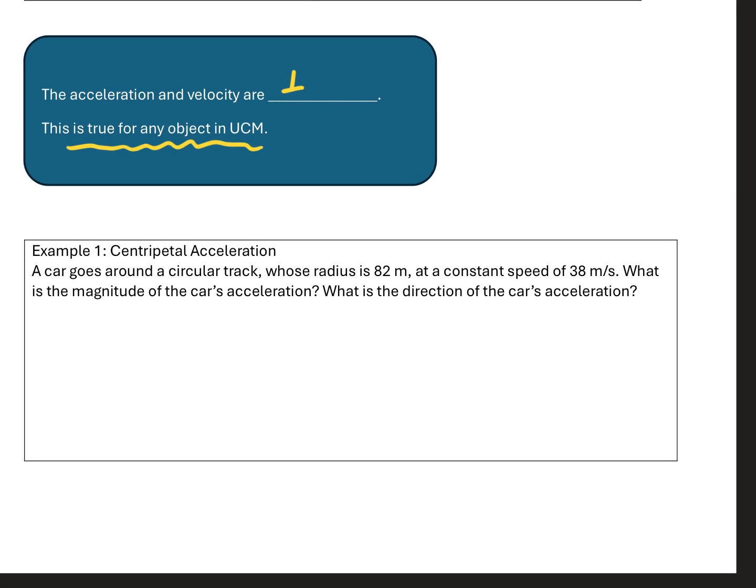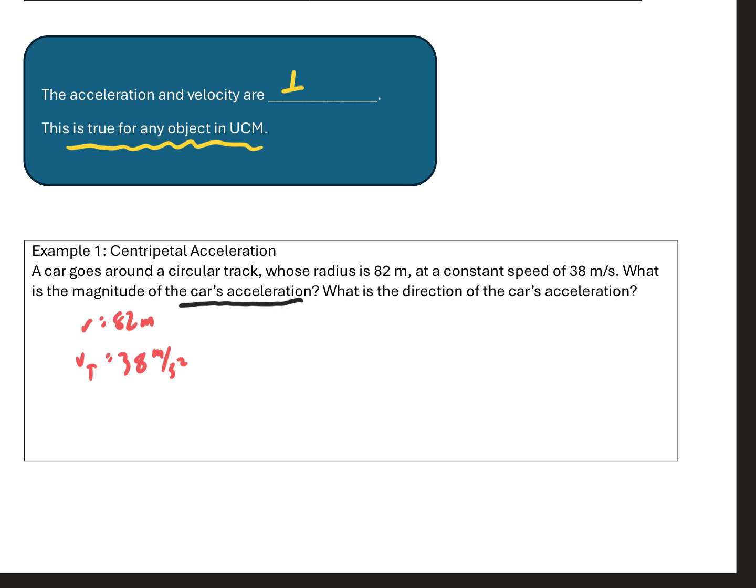And have a couple of examples here. A car goes around a circular track, so I'm given some things here. The radius is 82 meters. That constant speed is the tangential velocity here, so v t is 38 meters per second. So it's pretty straightforward. We're going to calculate the magnitude of the car's acceleration.